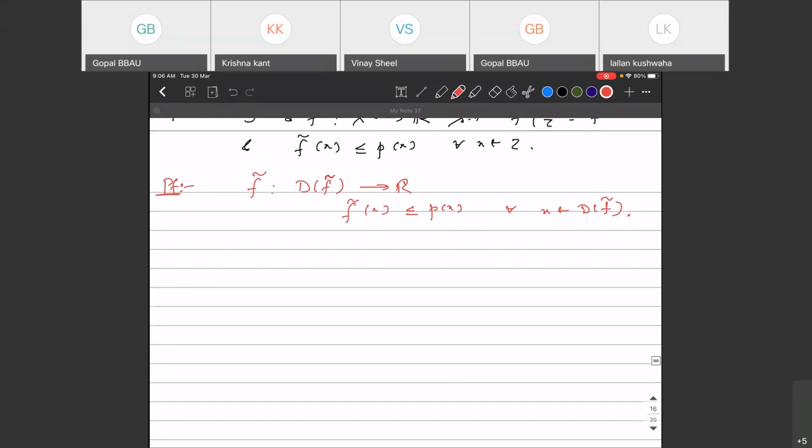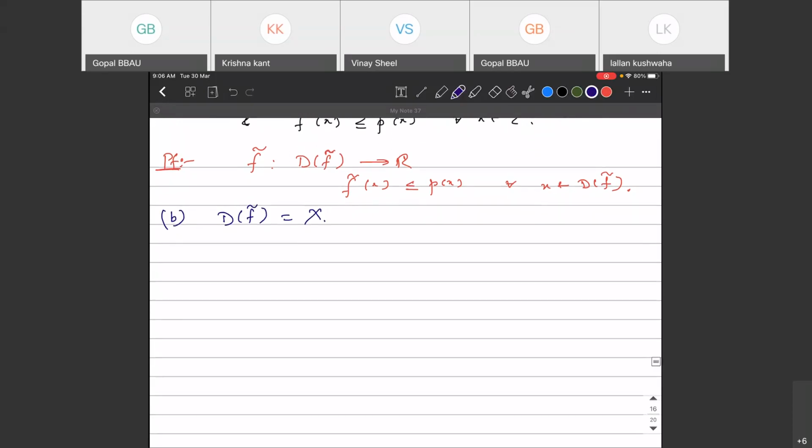Correct? Okay, so today we will prove that this domain of F tilde is nothing but X.